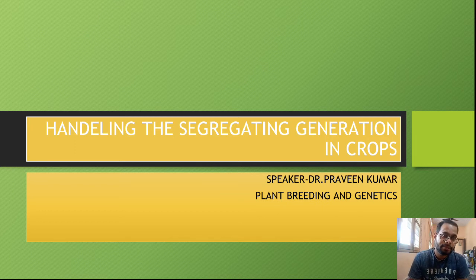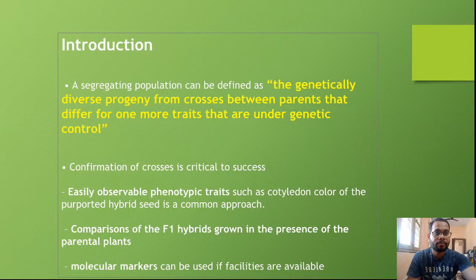in vegetatively propagated species. Let us start with the definition of segregating generation. What happens in the segregating generation of a population when we make crosses between two parents, P1 and P2?